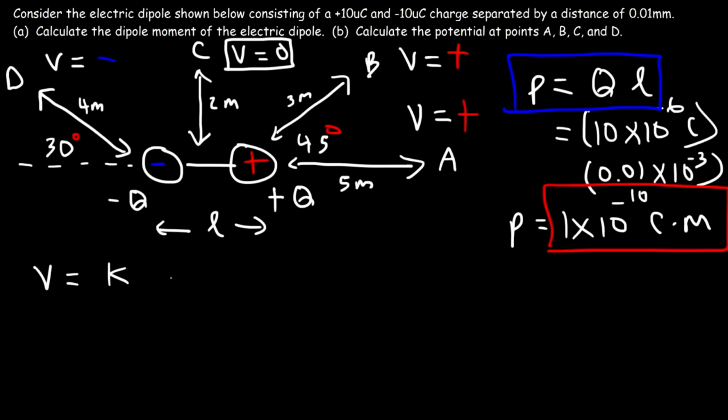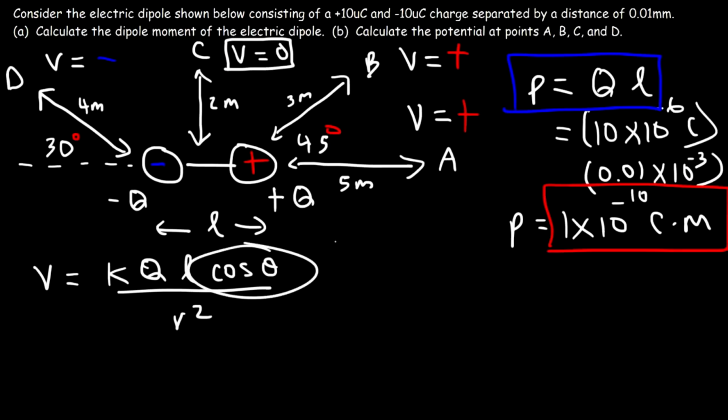So it's going to be K, which is a constant, times the charge Q, times the separation distance L, multiplied by cosine theta, divided by r squared. Now, cosine is very important because it depends on the angle. Based on the angle, you can be dealing with a point at A or a point at D. So I'm going to show you how to use it for each point.